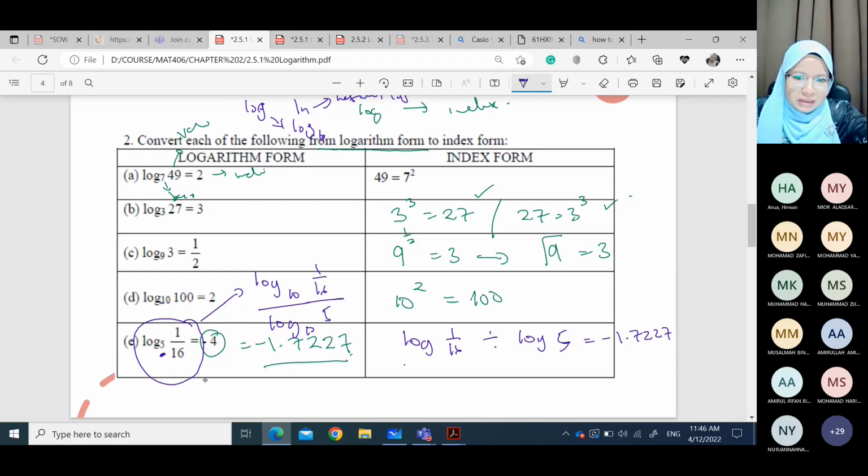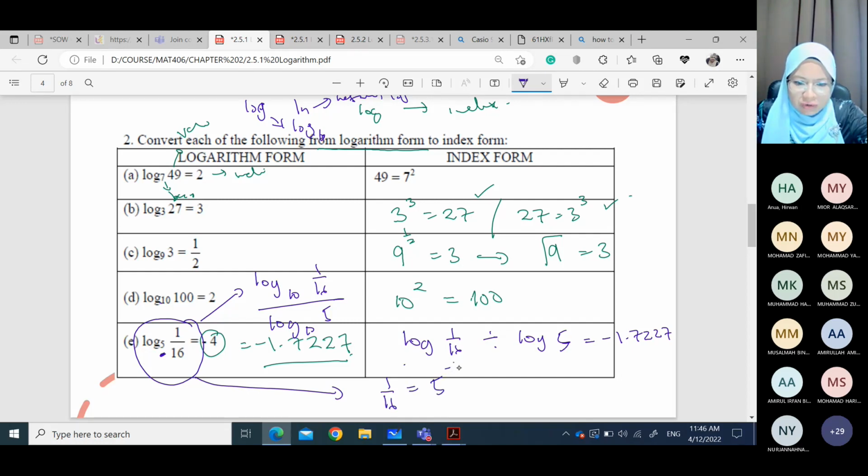Daripada indeks ke log boleh. Yang ni you tukarkan kepada indeks, itu salah satu kaedah. Katakan dia cari log base 5, value 1/16 equal to negative 4. Kita juga boleh gunakan indeks, iaitu 1/16 equal to 5 to the power of negative 4.